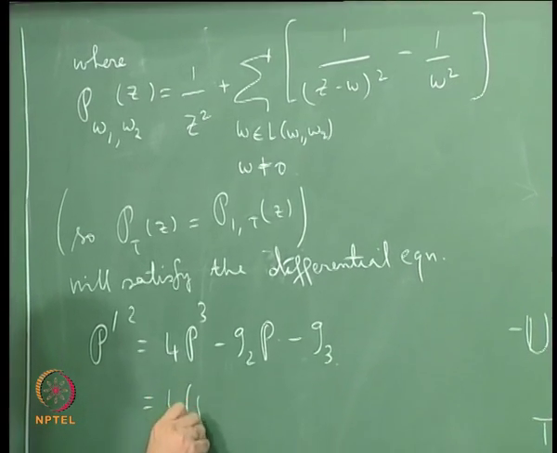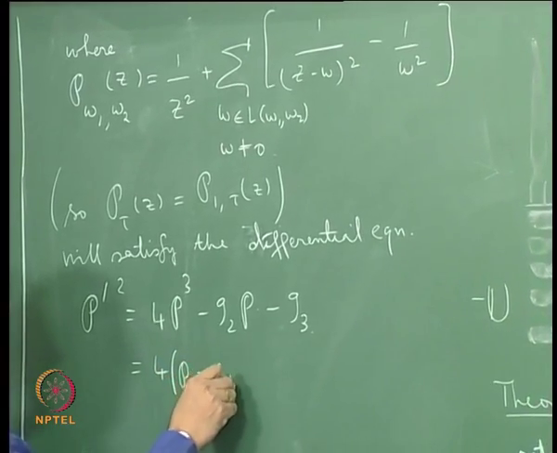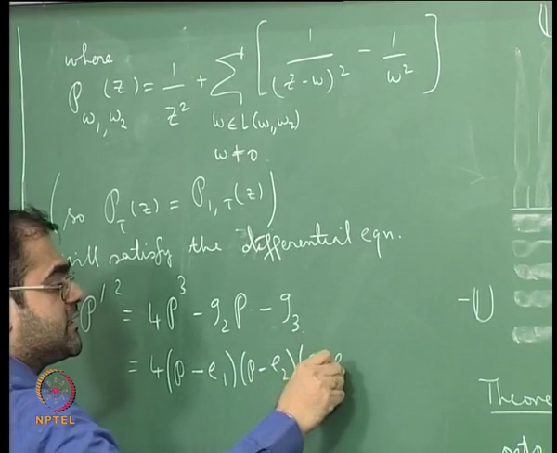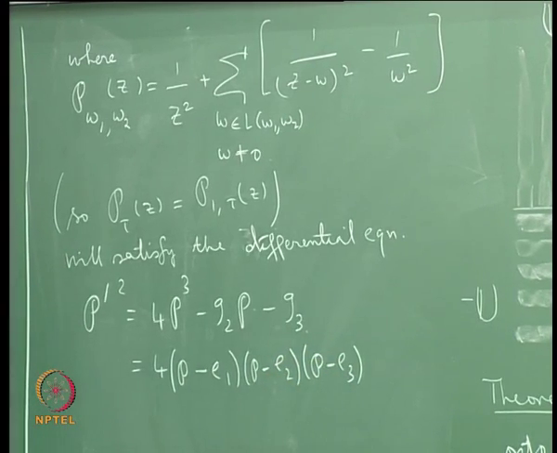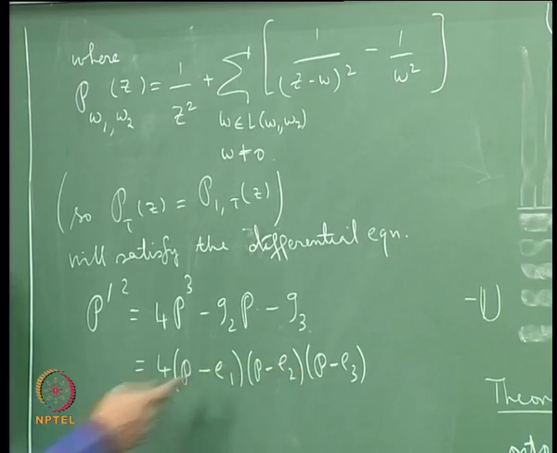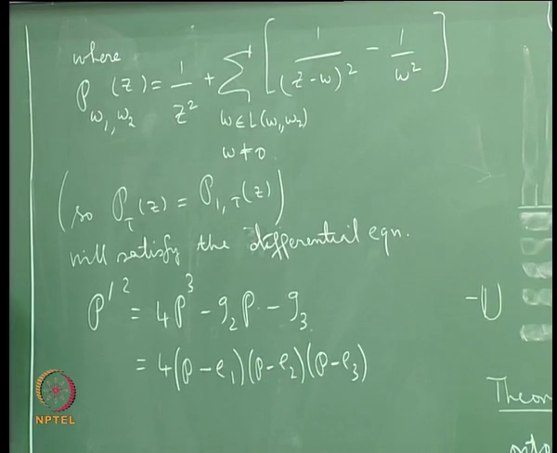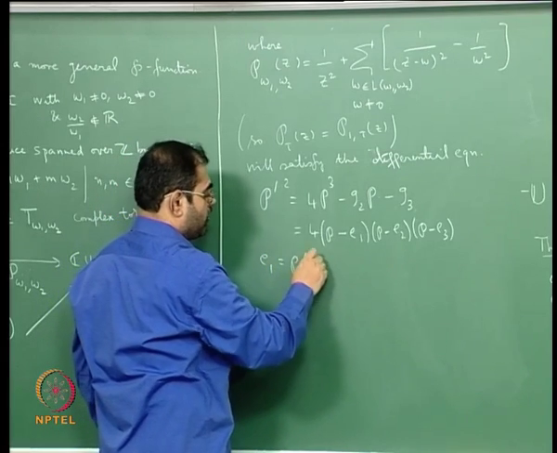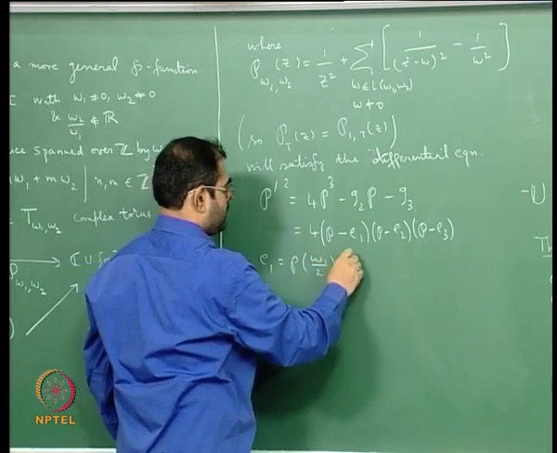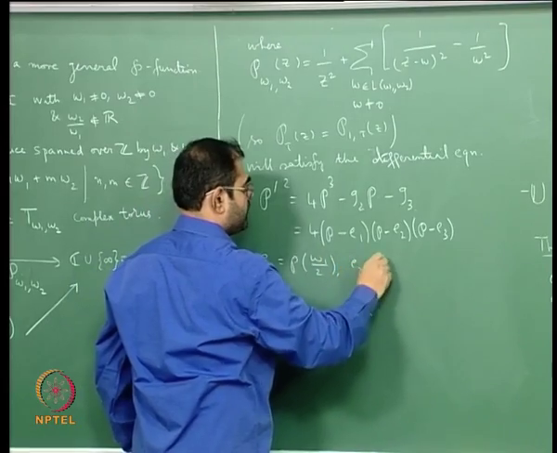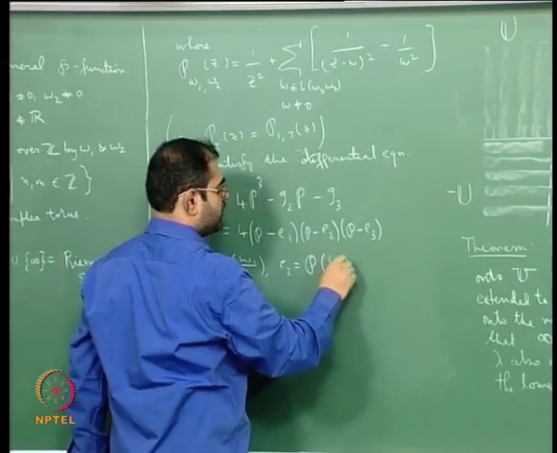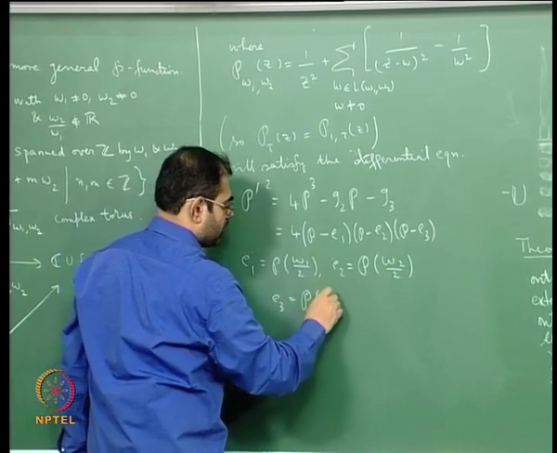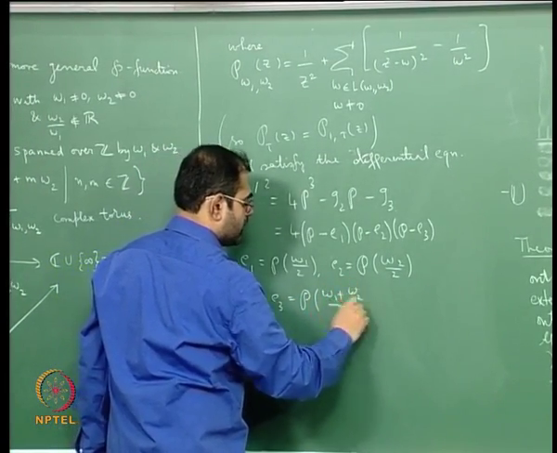You can continue to factorize it as 4 times phi minus E1 into phi minus E2 into phi minus E3, and to determine what E1, E2 and E3 are, we look at the zeros of phi prime, and you find that E1 is phi of omega 1 by 2, E2 is phi of omega 2 by 2, and E3 is phi of omega 1 plus omega 2 by 2.